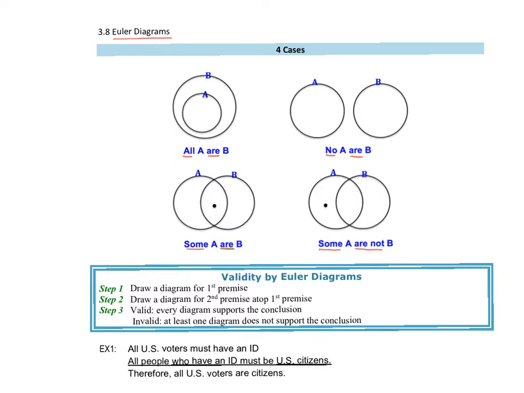This first diagram represents all A are B. So when we talk about A, that's going to be this set.